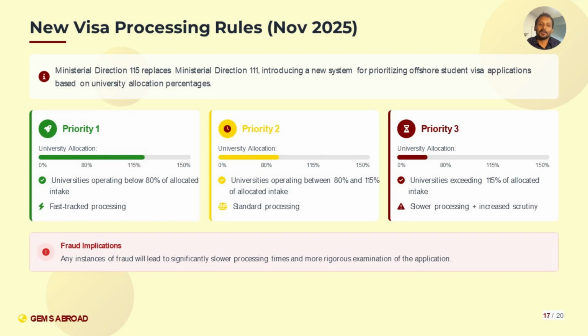Priority 3 applies to universities exceeding 115% of their allocation, resulting in slower processing. Additionally, applications flagged for potential fraud face significantly longer processing times and more intensive verification procedures. This system aims to distribute international students more evenly across Australian institutions while maintaining integrity in the visa process.